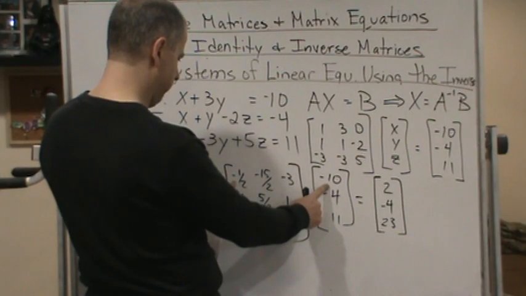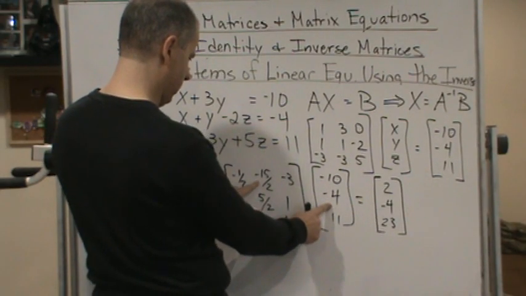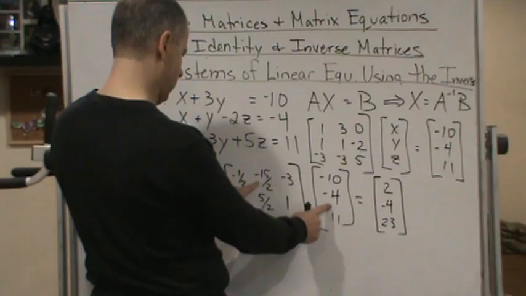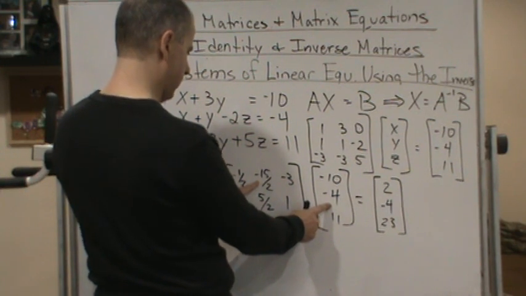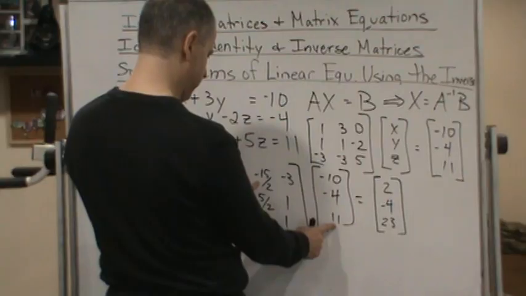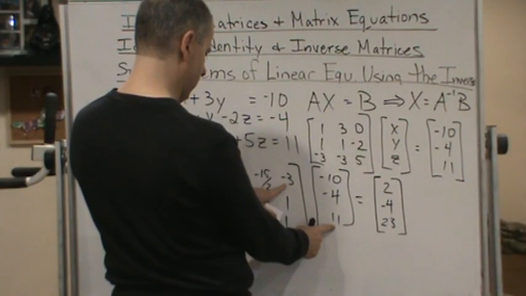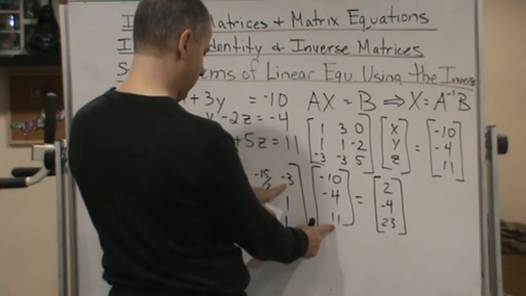So that gives me 5. Plus 30 is 35. 35 minus 33.